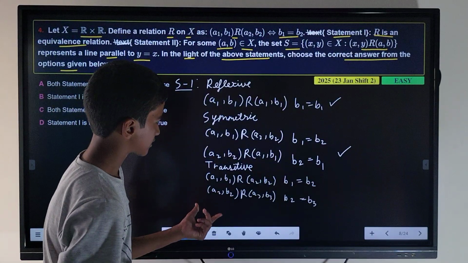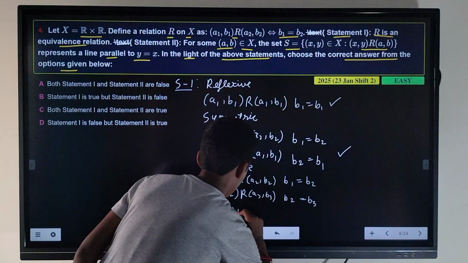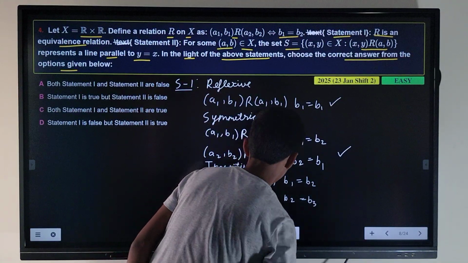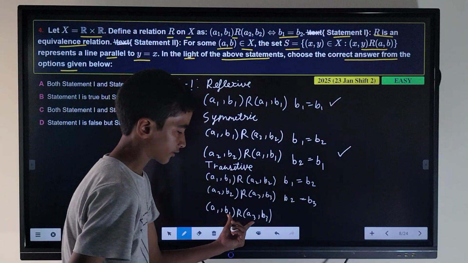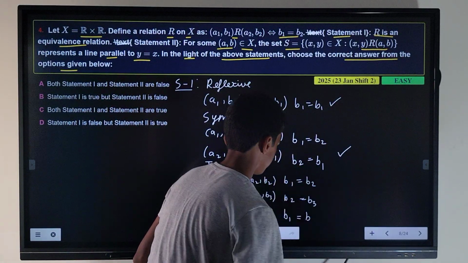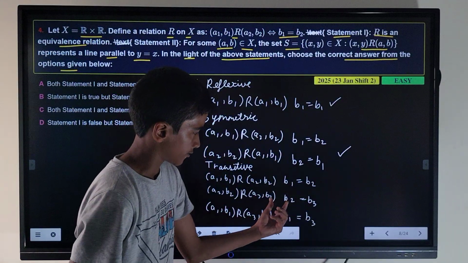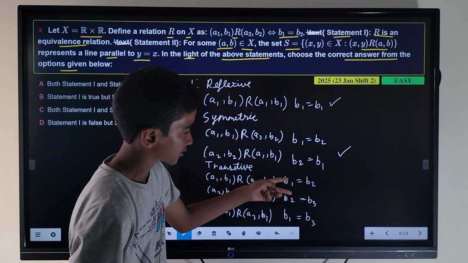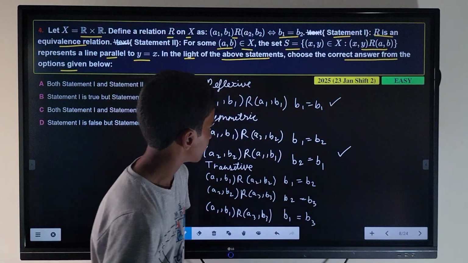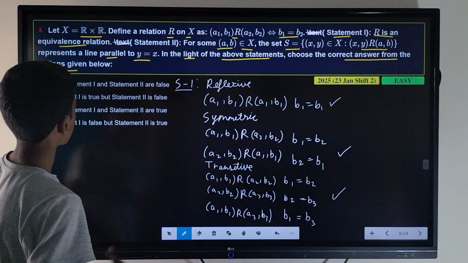Now if our relation is transitive, then (a1, b1) related to (a3, b3) should lie in the relation. Now this lies in the relation if b1 is equal to b3. Now if b1 is equal to b2 and b2 is equal to b3, then from these two we can say that b1 is equal to b3. So from here our relation is also transitive. Now our statement 1 is true.